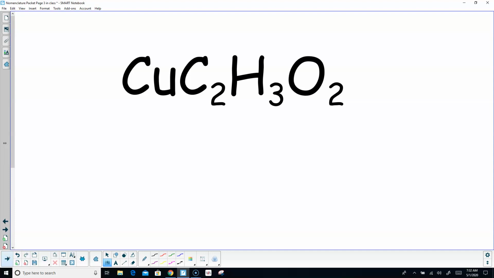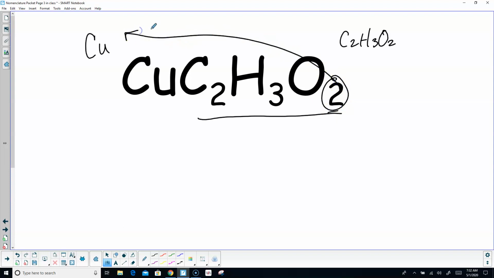Okay, in this instance here we have copper. Copper has more than one charge, so we've got to unzip this guy. Now this is where people will sometimes make errors. This 2 too is part of the formula for that polyatomic. It does not go over there. That doesn't work, all right? You can't do that.